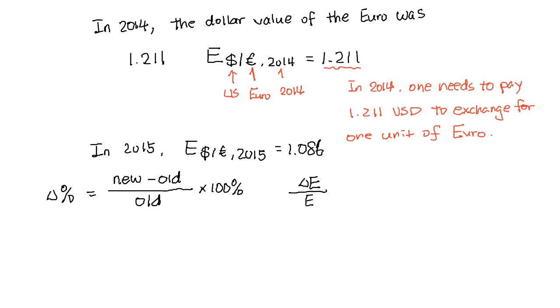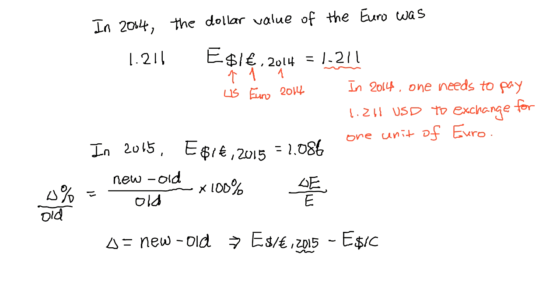Okay, and what is this? The delta, okay, the delta is new minus old, right? So the change is equal to the exchange rate between the US and Eurozone in 2015 minus the exchange rate in 2014.